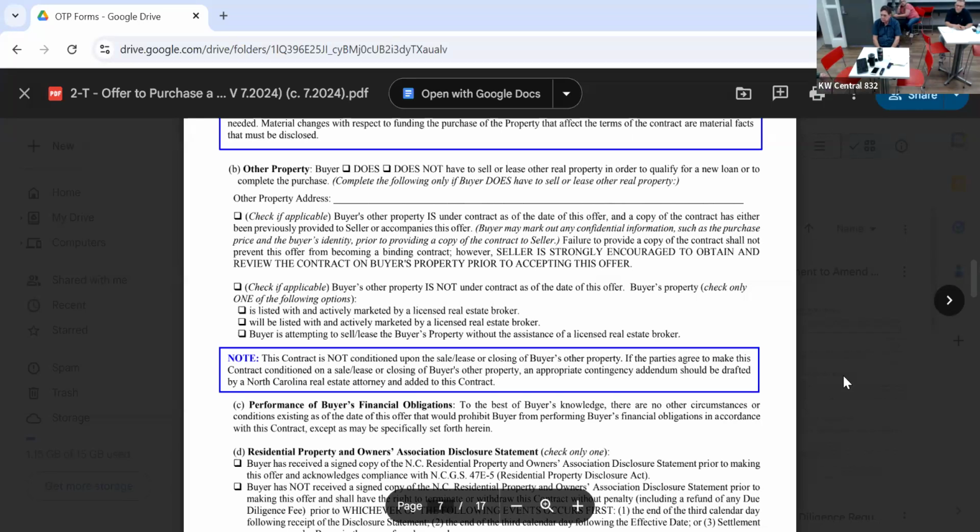It's just saying, it's disclosure, it's saying we have another house to sell. So if I'm the listing agent and I'm reviewing this contract, I'm asking the buyer agent for a copy of their current contract on their house. Again, the buyer's name can be redacted. Purchase price cannot be redacted.